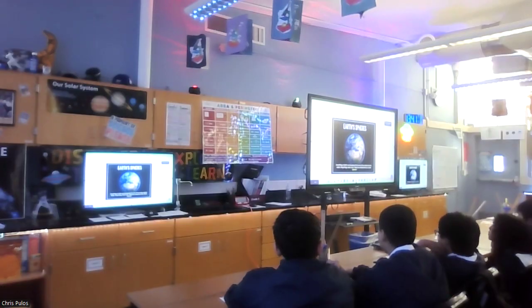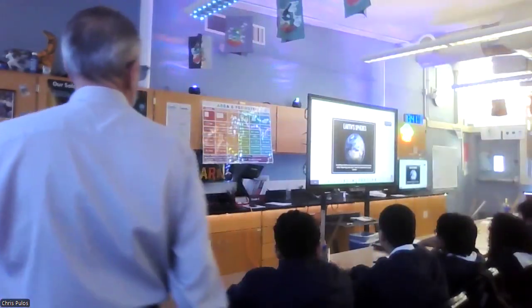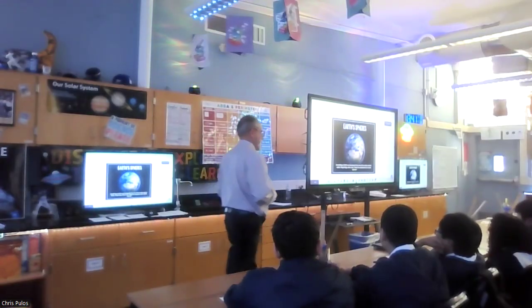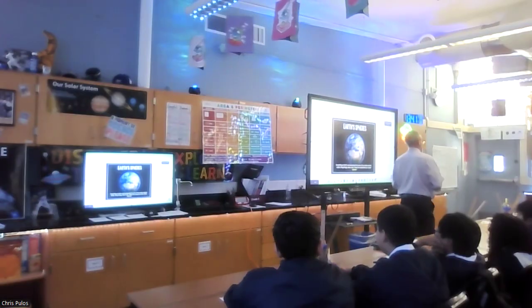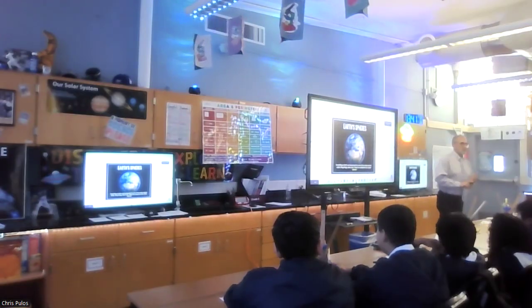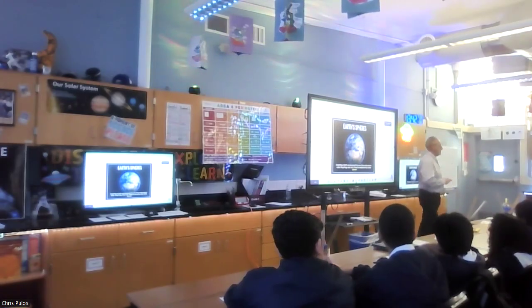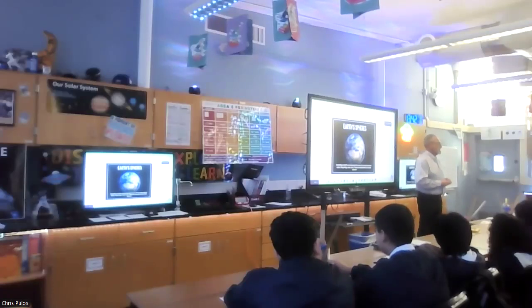Earth spheres. Everything on the Earth can be placed into one of four major systems: water, living, the earth or land, and the air. Those four spheres are called what? Can somebody give me one of the spheres? Biosphere. What does biosphere mean? Living things.